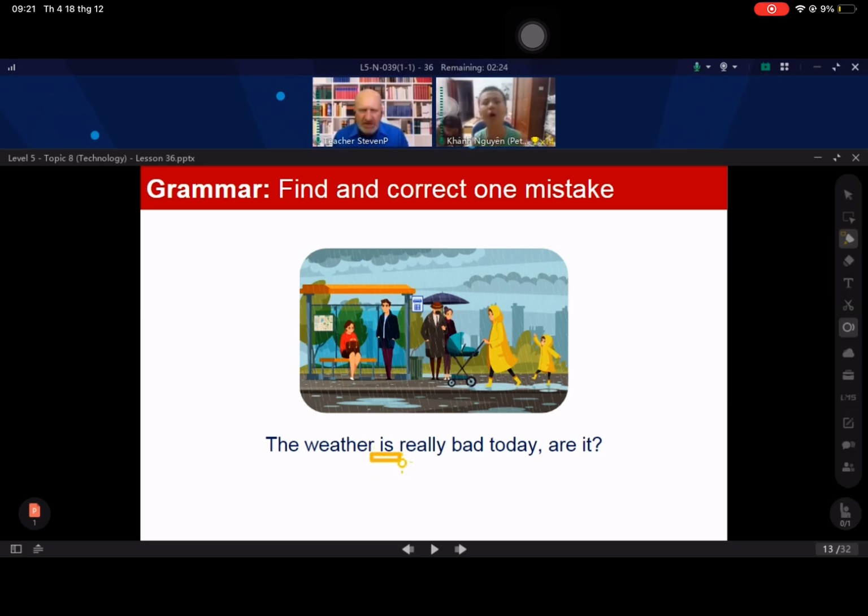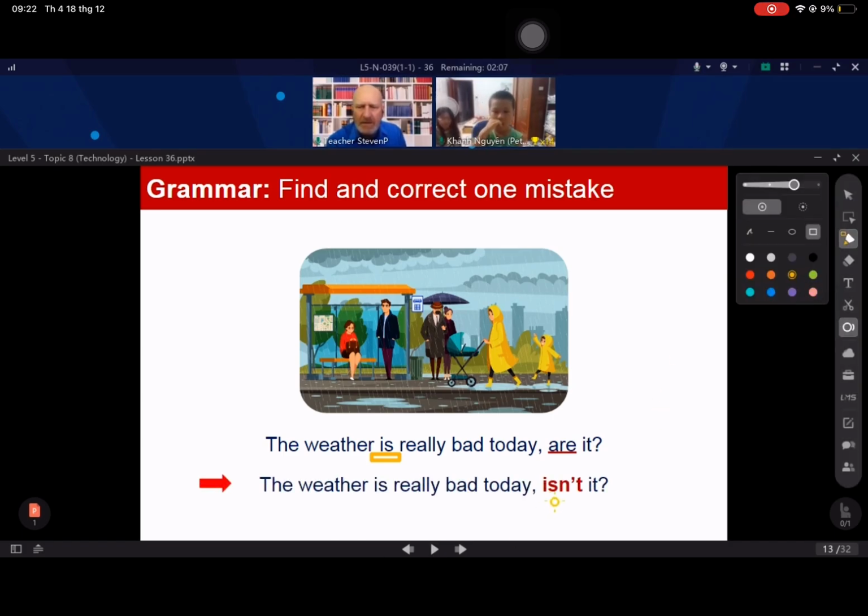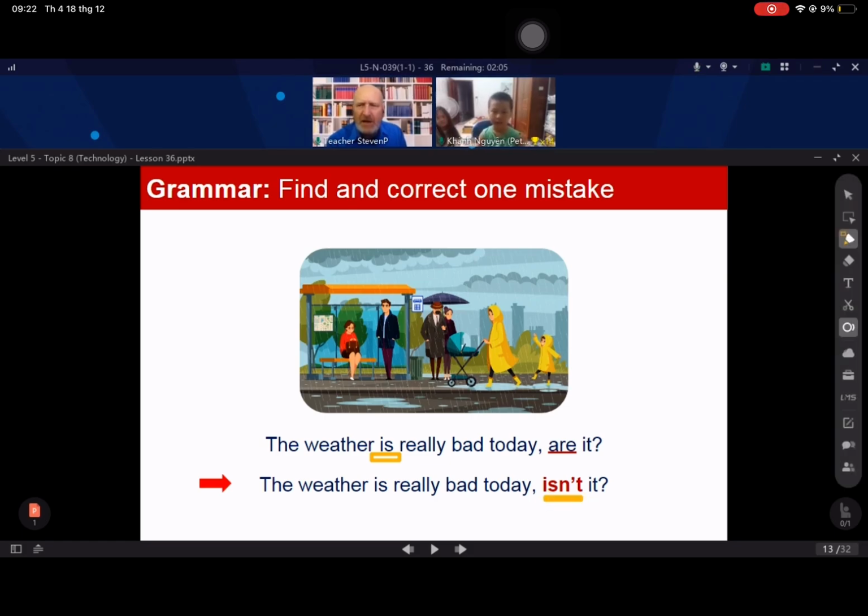Is must change to isn't. The weather is really bad today, isn't it? So the is changes to isn't. Remember that.